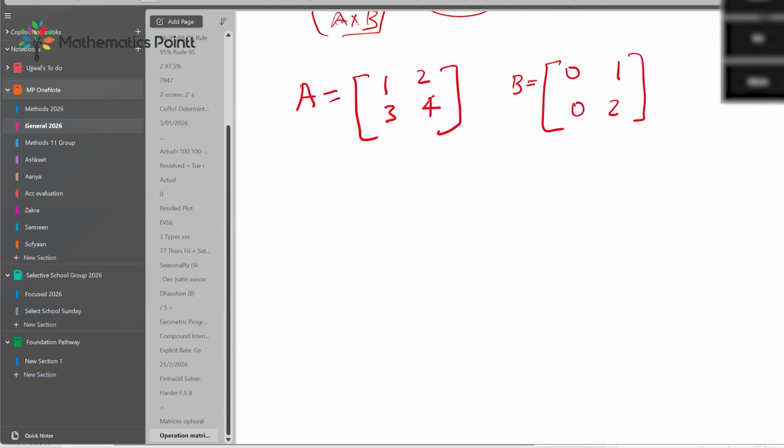I've just made something up. Now I am asked to find A cross B. But before I deep dive into the product itself, I need to check whether the condition is satisfied for this product to exist. A is the left matrix. The order of A is 2 cross 2, and the order of B is 2 cross 2.